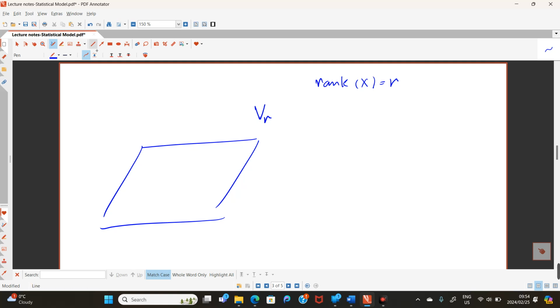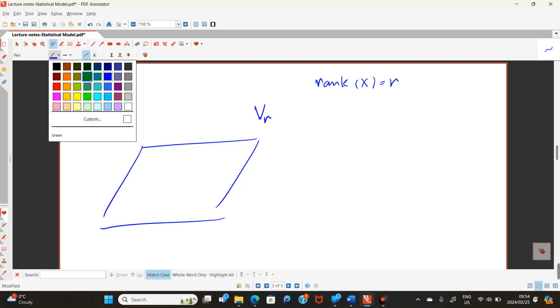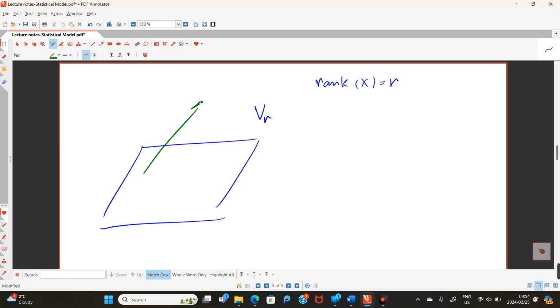Why projection? If I consider y as a vector here, we understood that the expected value, which you represented by eta or whatever, must be in VR.